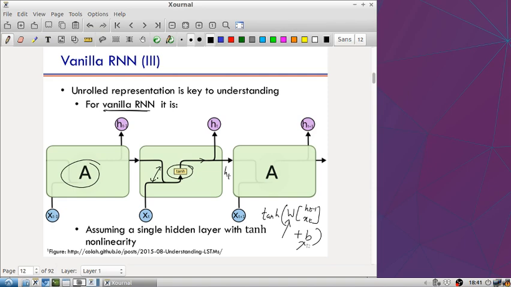There's no particular reason. The same reasoning that we had for nonlinearities in feed-forward networks applies, such as being zero-centered compared to sigmoid. Otherwise, it still has saturation issues. So you can change it if you want.